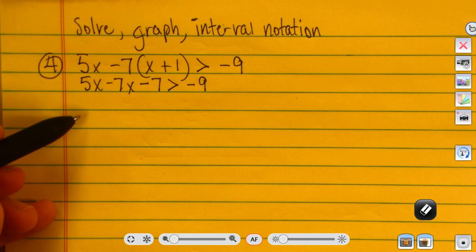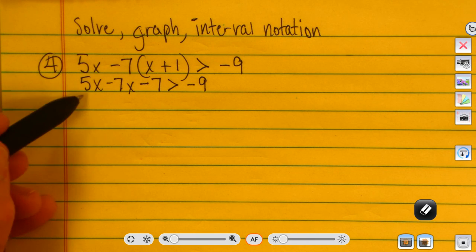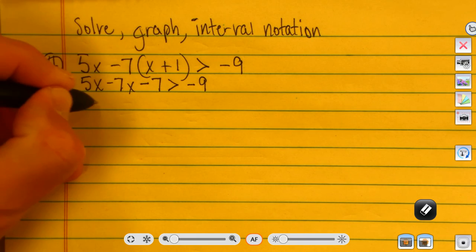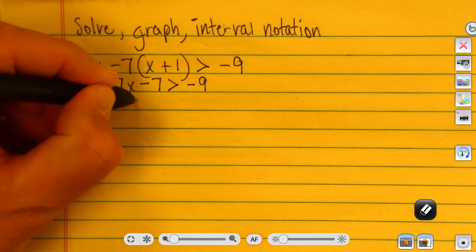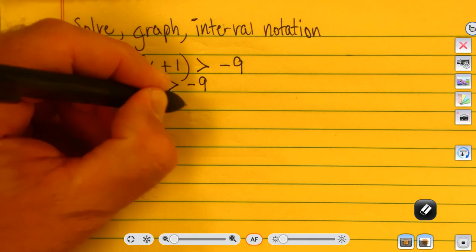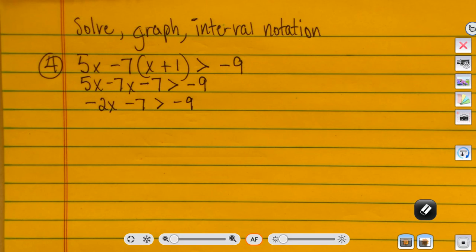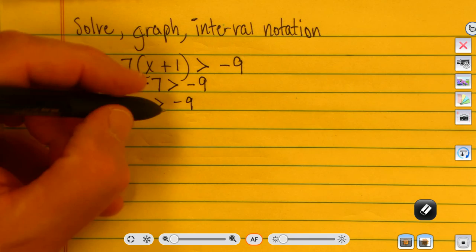Next step, I would combine like terms, right? 5x minus 7x is negative 2x. Minus 7 is greater than negative 9. Now I need to add 7 to both sides.